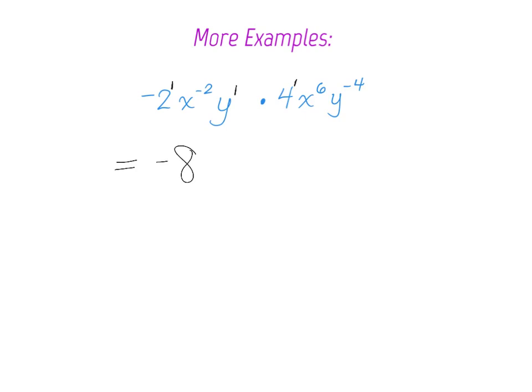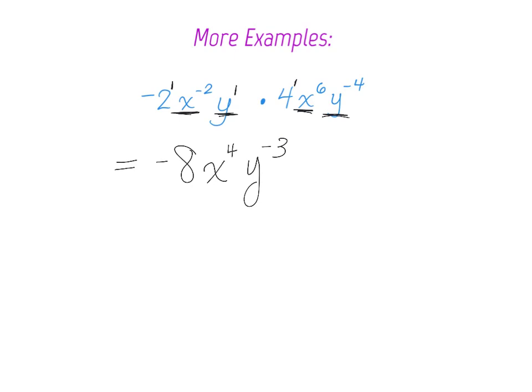All right, then we have, all of this is multiplication, so I'm going to choose to multiply this and this times each other. So that would give us x to the 4th. And then y to the first times y to the negative 3 would be y to the negative 2.